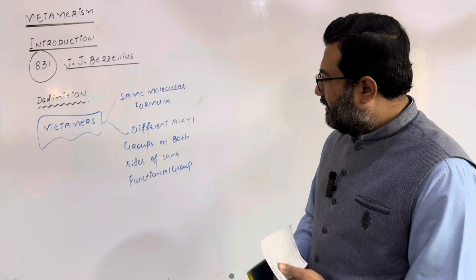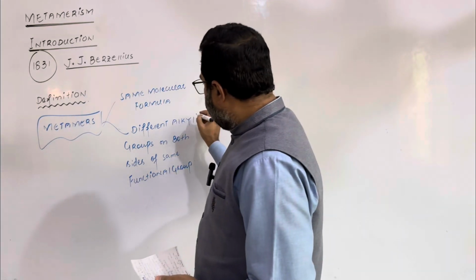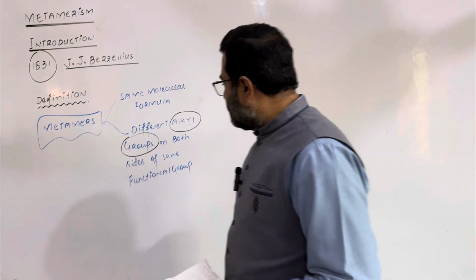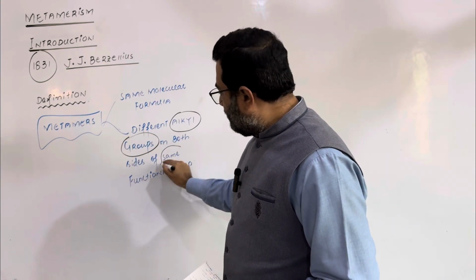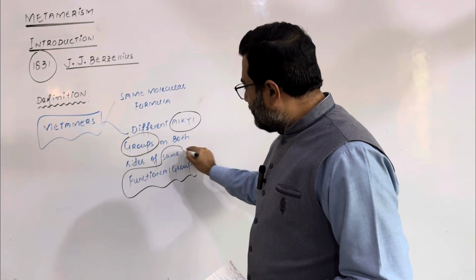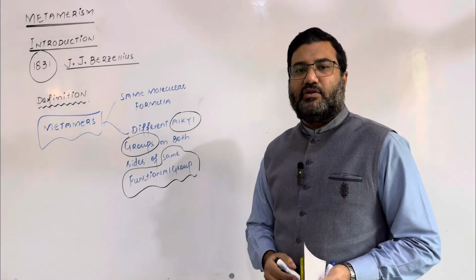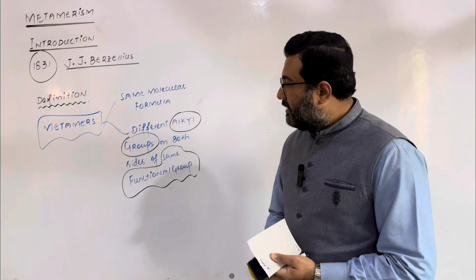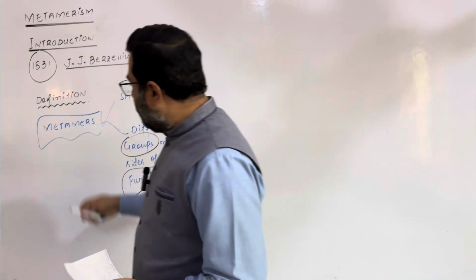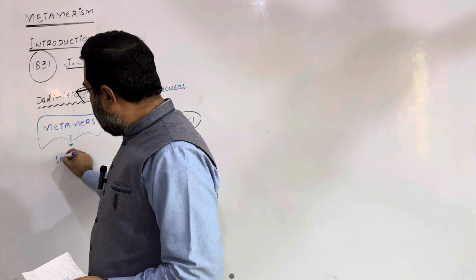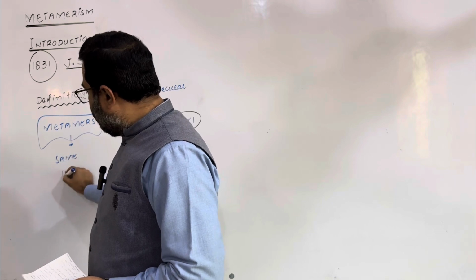You have already a concept of what the alkyl groups are. They have different alkyl groups on both sides of the same functional group. It means metamers have the same functional group. If they have the same functional group, then dear students, they will belong to the same homologous series.